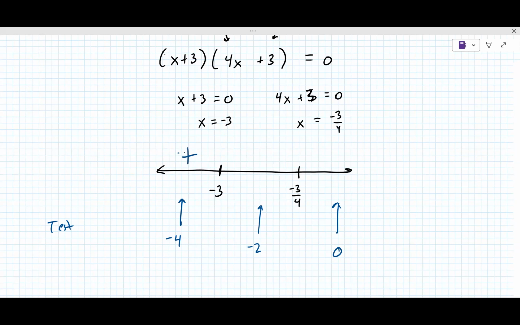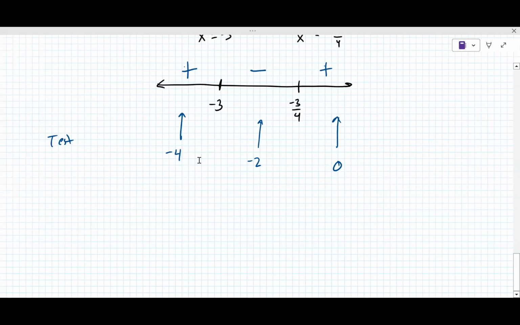Okay, now try -2. -5. Okay, and then the last one there, 0. +9. Okay, so positive there.